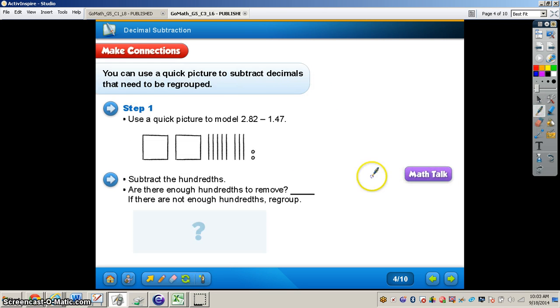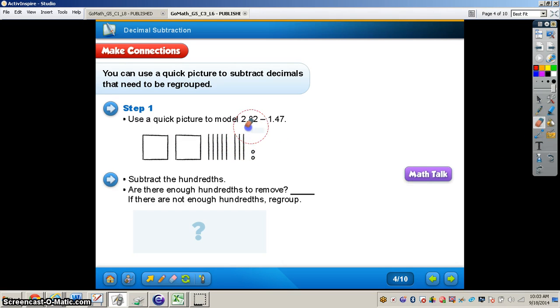Now we're going to use this quick picture on page 126 to model 2 and 82 hundredths minus 1 and 47 hundredths. Keep in mind the only thing you need to draw a picture of at first is the very first number, 2 and 82 hundredths. So we have 2 ones, 8 tenths, and 2 of the hundredths pieces.